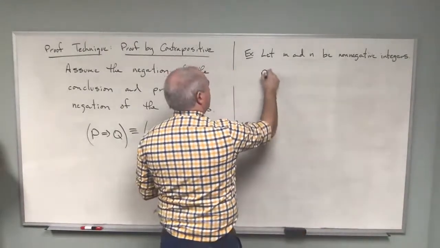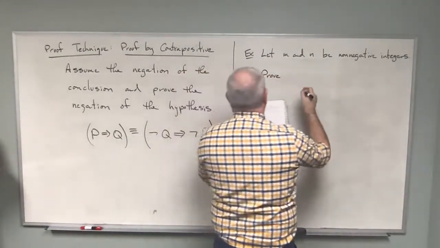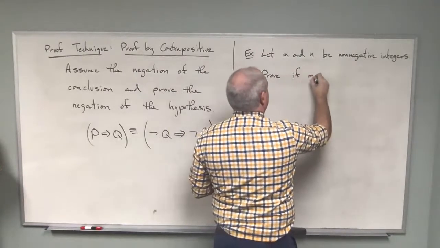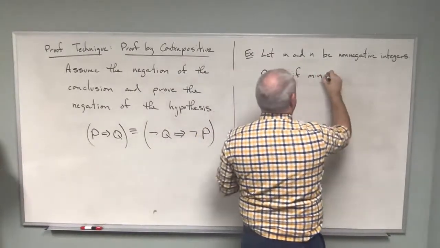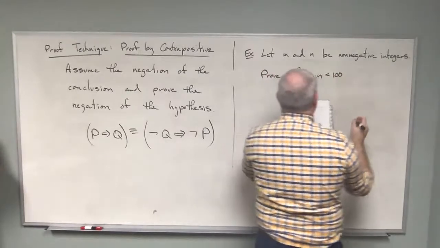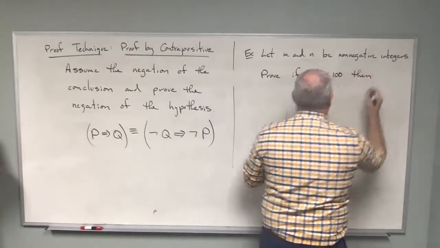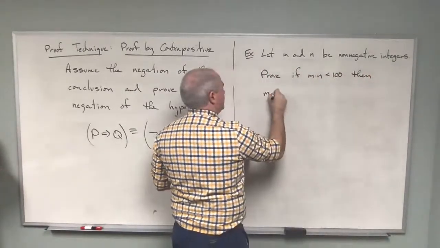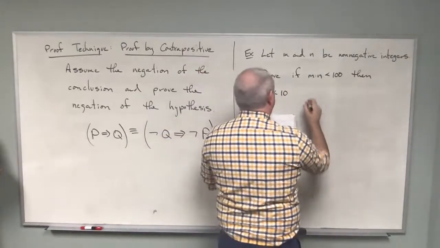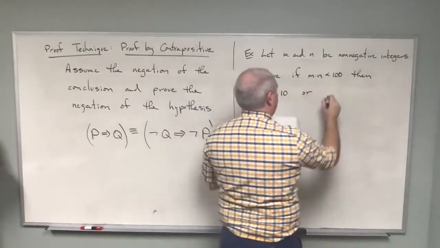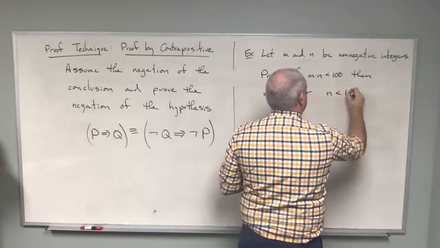Prove that if M times N is less than 100, then M is less than 10 or N is less than 10.